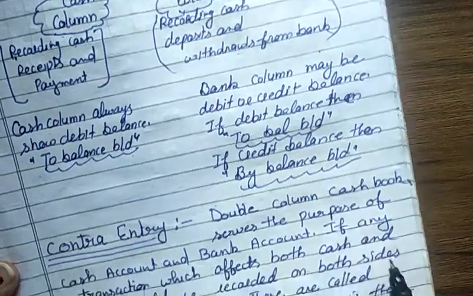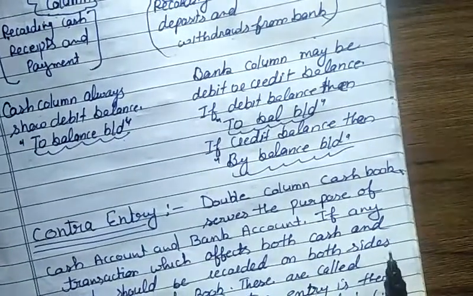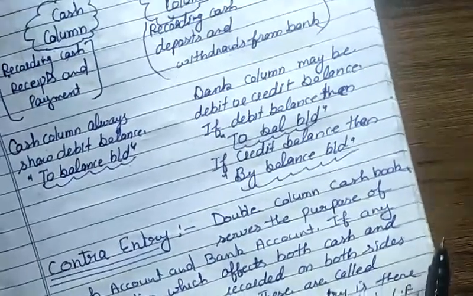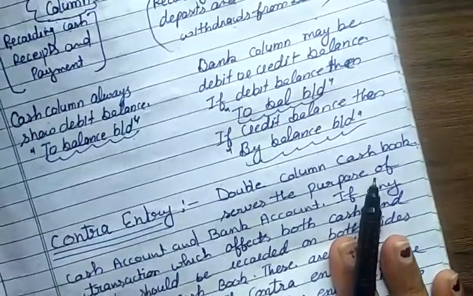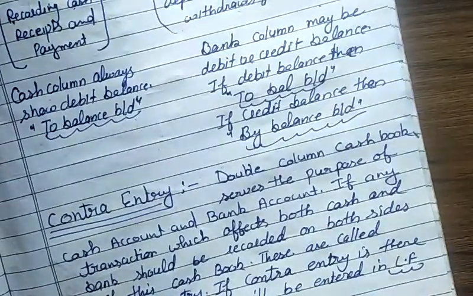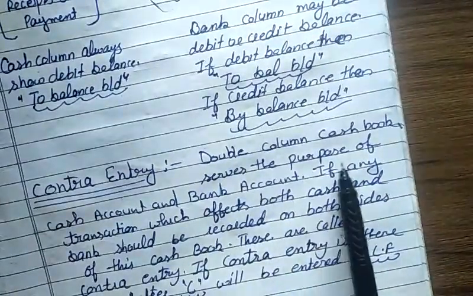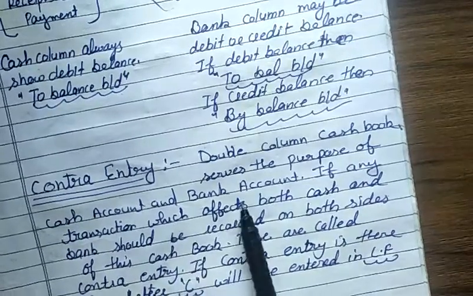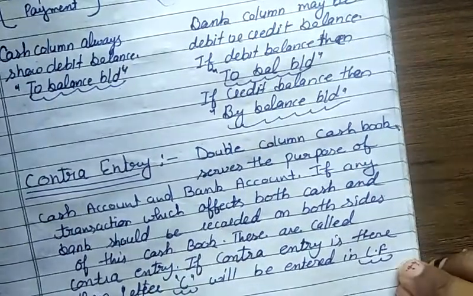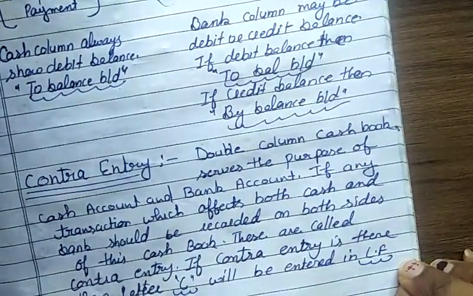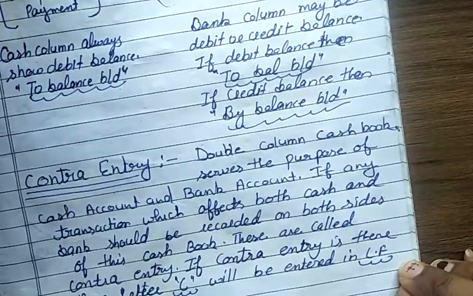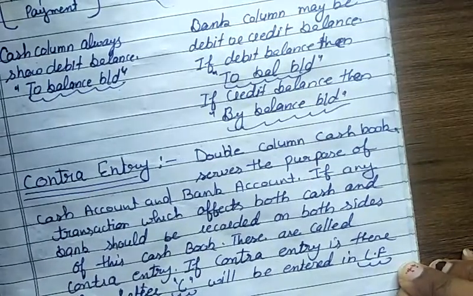Clear, students? Next is a very important term, students, that is contra entry. So what is contra entry? The double column cash book serves the purpose of the cash account and the bank account. When a cash book with double column, that is cash and bank column, is prepared, there is no need to maintain a cash account or bank account.